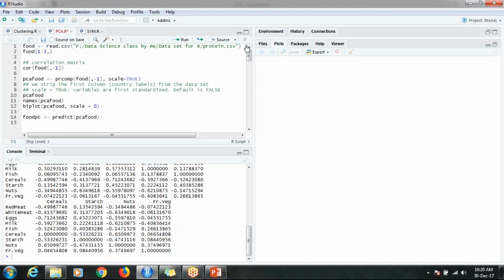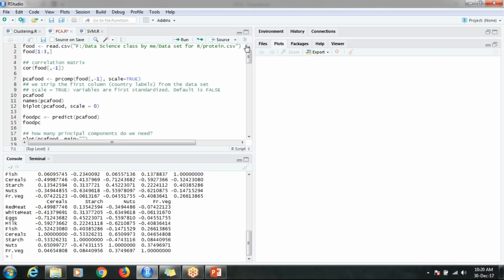So let us now try to make the principal components and understand how we can put them all together in a few variables. Here I'm doing the same thing. I'm omitting country and taking all other variables, and scale is equal to true. Like I said, scaling will normalize all other variables, and that will put them under the same scale.